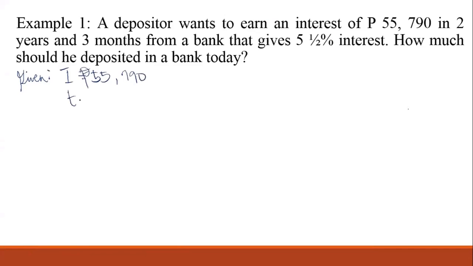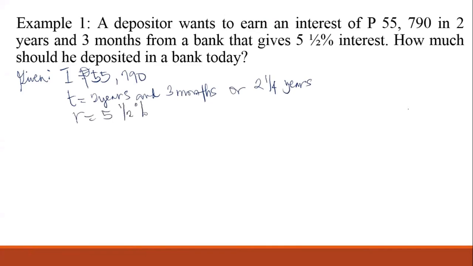And we have the time, which is 2 years and 3 months, or 2 and 1/4 years. And our rate is 5 and 1/2%. Okay, 5.5%.